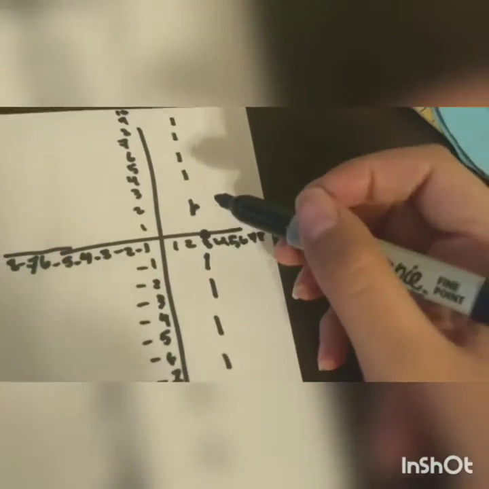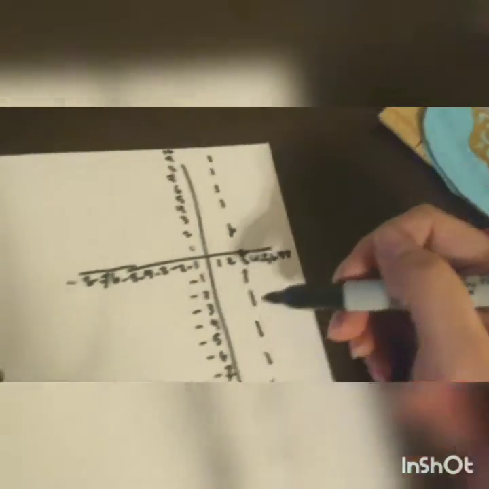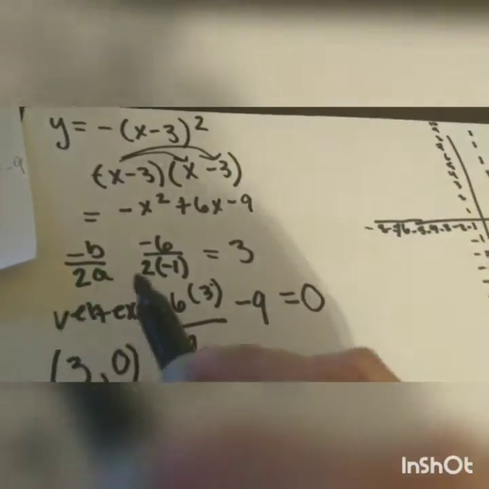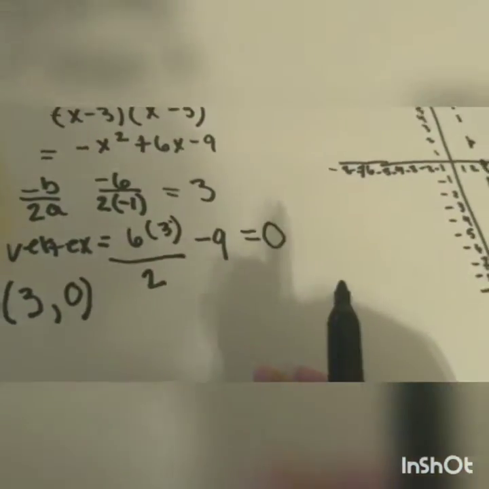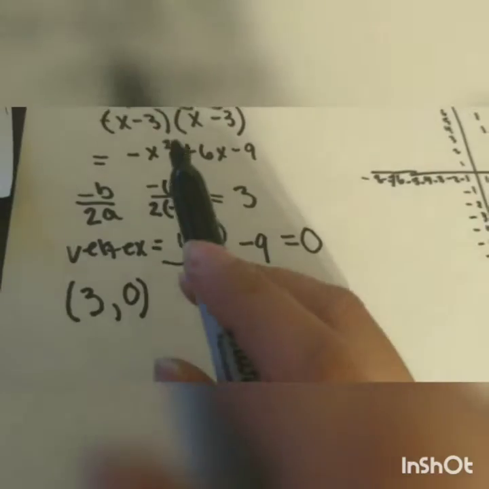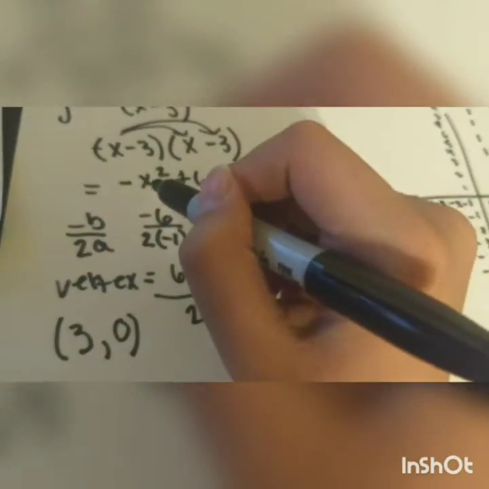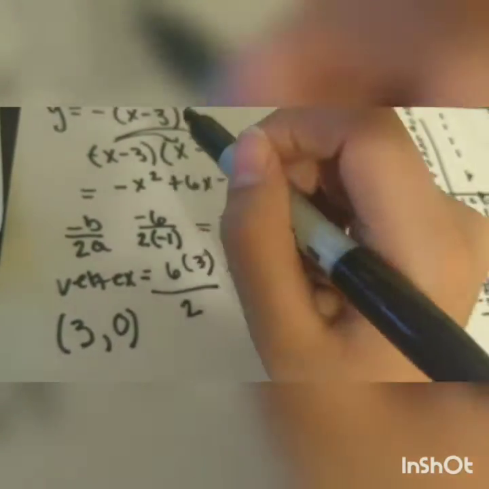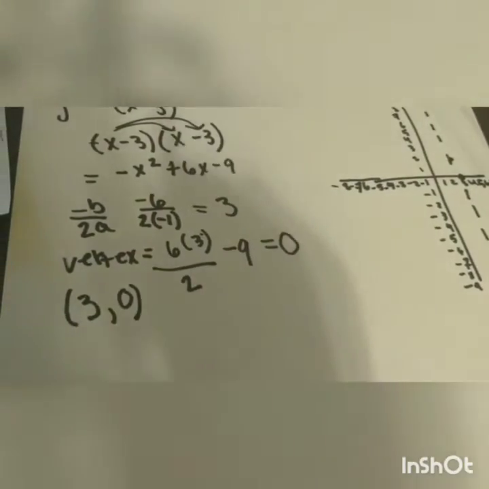So it's going to open down because the a is negative, like I said previously. So I'm going to go ahead and pick some points to plug in to our negative x squared. So I can go ahead and do that quickly so I can get some points together so I could graph it.